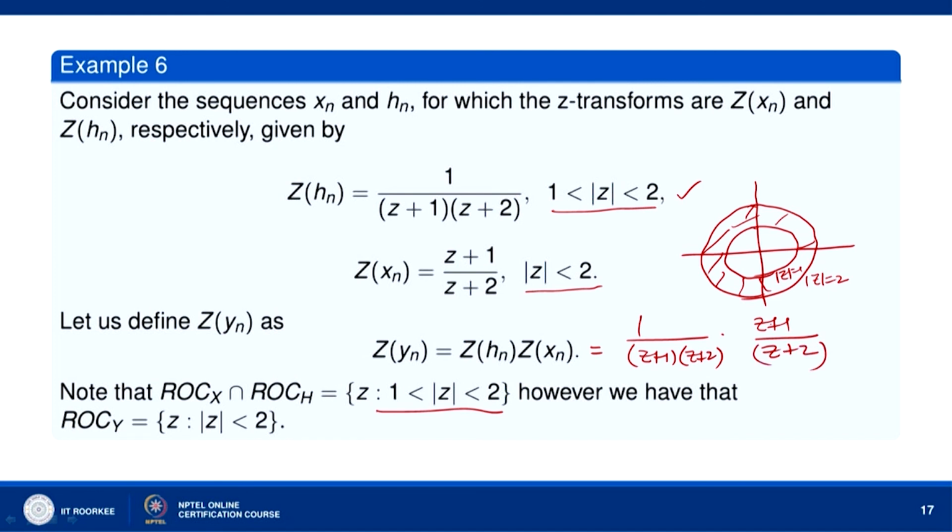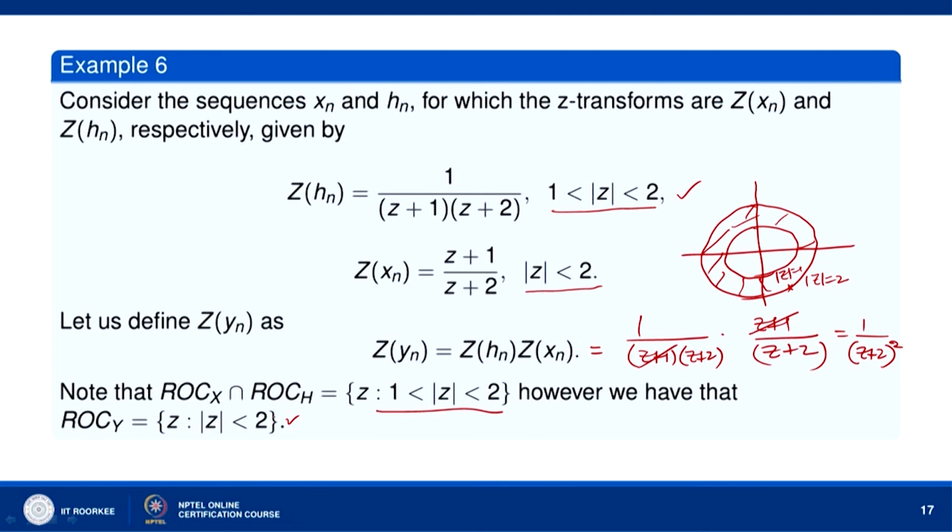Now you can see z equal to minus 1 is a zero of Zy, and it is also a pole of Zy. In the case of the cancellation of a zero and a pole, we move to the next pole. So, here we get 1 over (z plus 2) whole squared. We now have a pole of order 2 at z equal to minus 2, so we move to mod of z equal to 2, and therefore the region of convergence is z such that mod of z is less than 2.